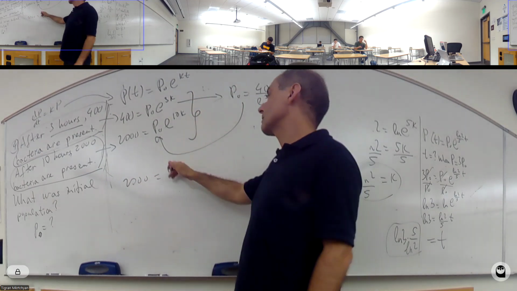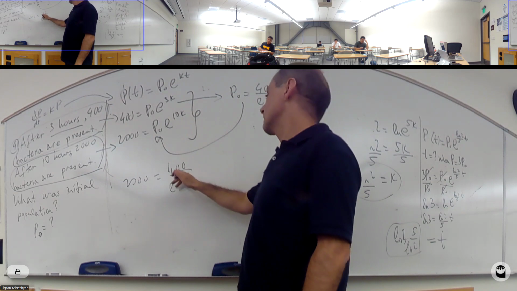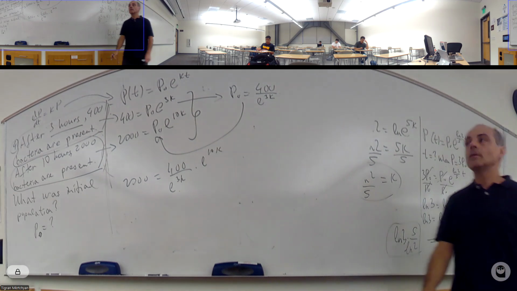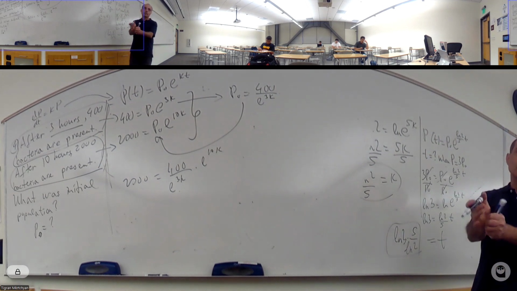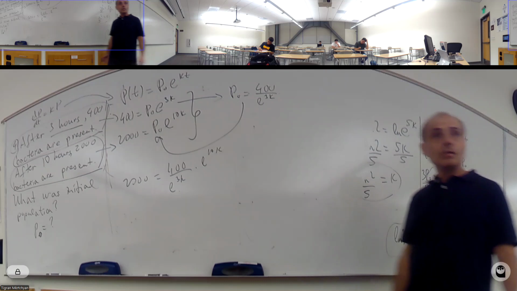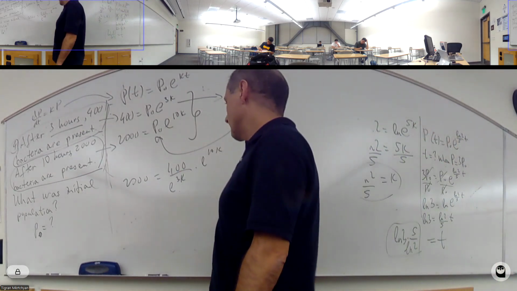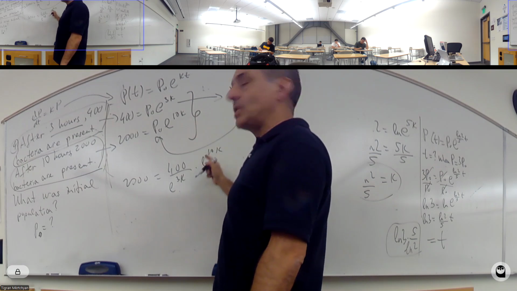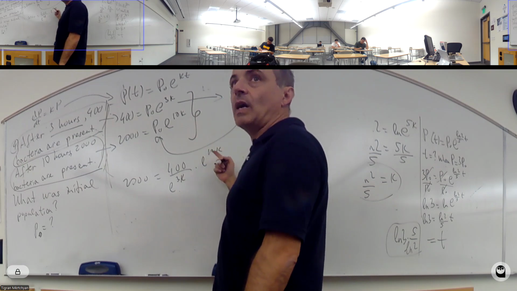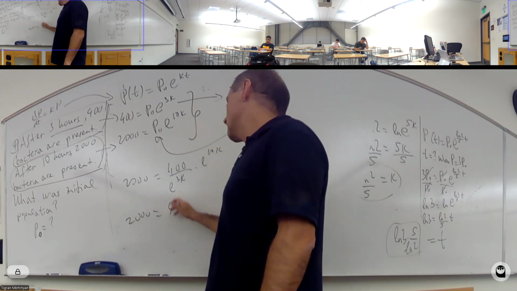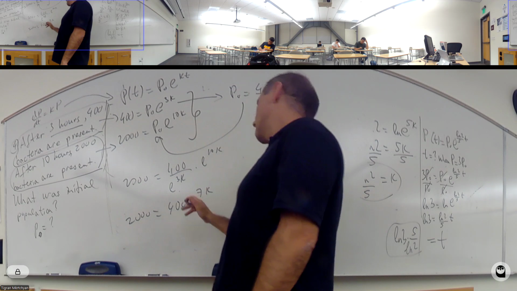400 over e to the 3k times e to the 10k. Okay, then what? We subtract the e powers. Simplify e to the 10k over e to the 3k, which is e to the 10k minus 3k, which will be what? 7k. So this will become this.